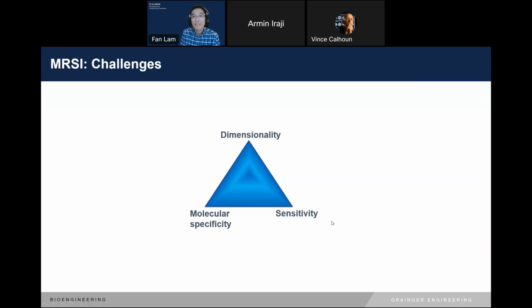With all this promise, one of the major issues is that the development of MRSI for in vivo application has been progressing slower than expected. Here are some of the fundamental technical challenges that limit the development and widespread use of MRSI.